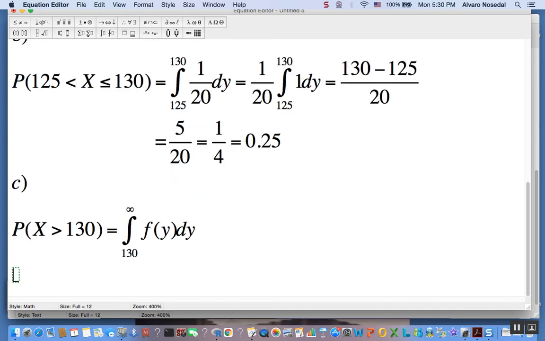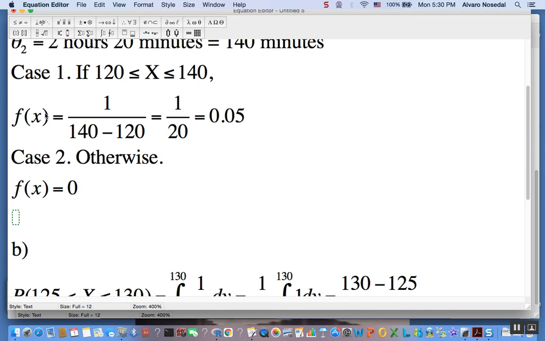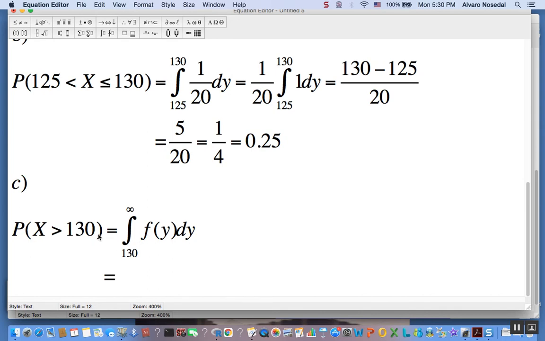But note that, as we said, we have two cases for this PDF. Between 120 and 140 we have that constant, and elsewhere we have 0. So from 130, oh, it's 10 minutes.